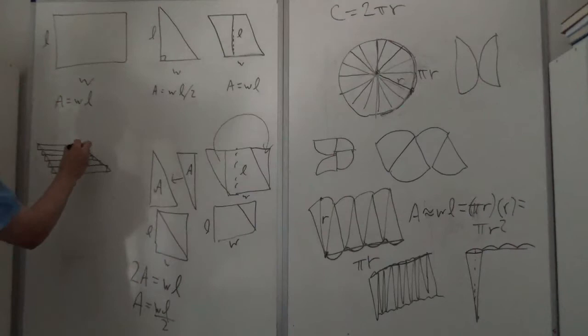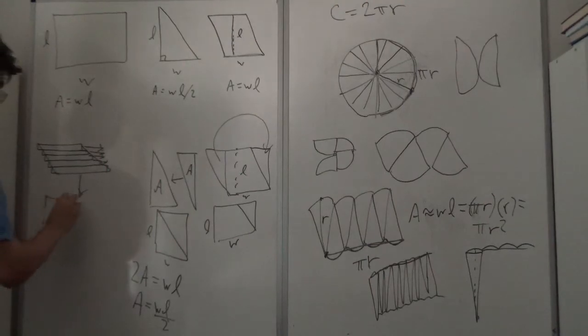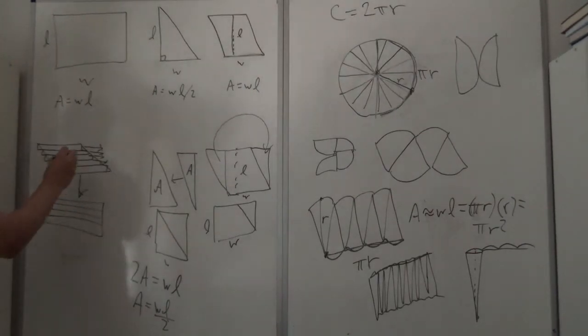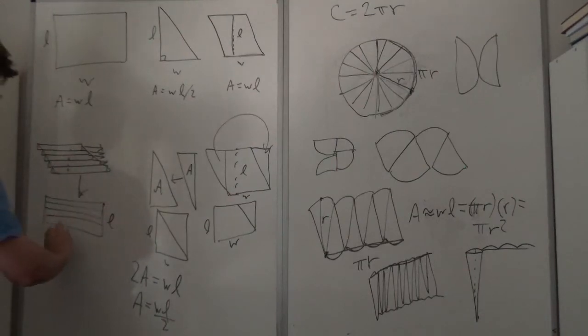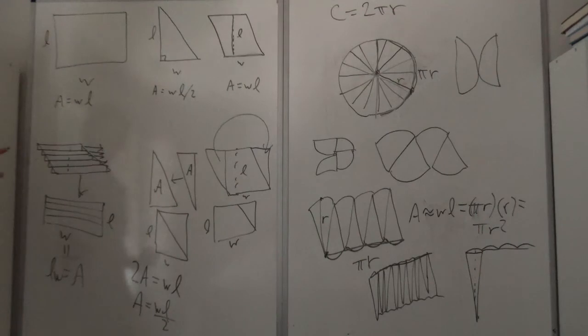And then what if we then straightened all of them up? Okay, so we turned this thing into a rectangle like this. Because all of these rectangles are of the same length, we see now that this right here is just that length right there. And the width of all these guys are the same. Therefore, length times width equals area.